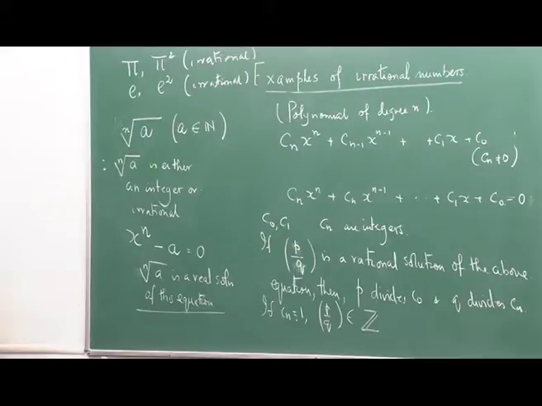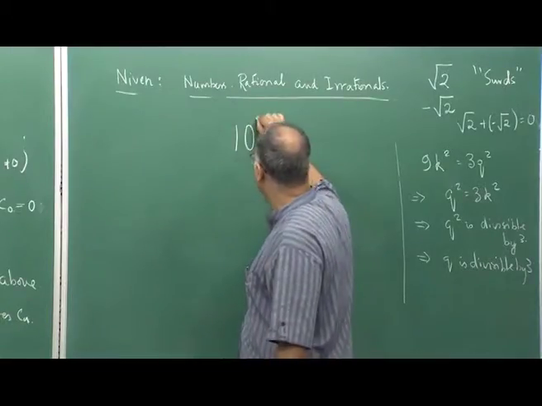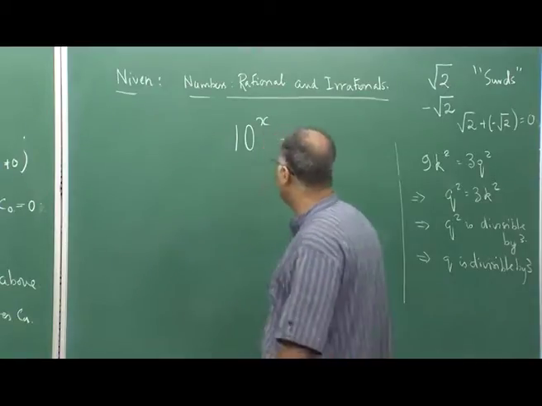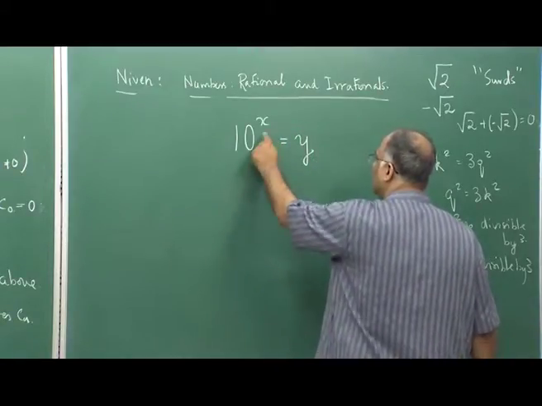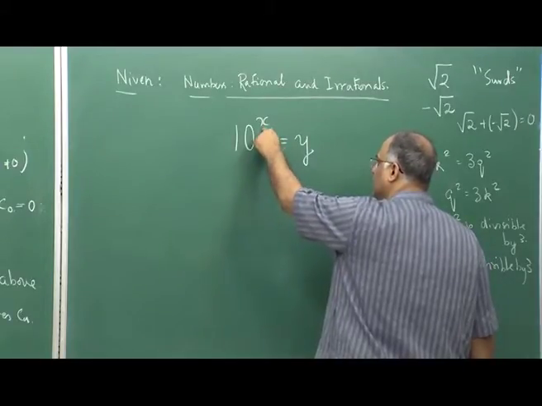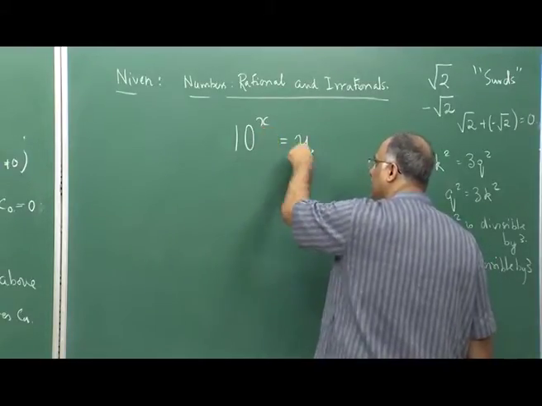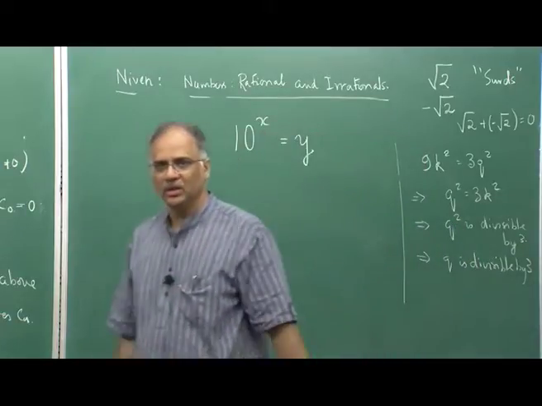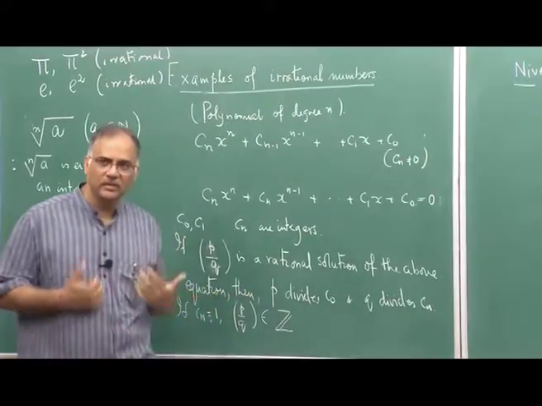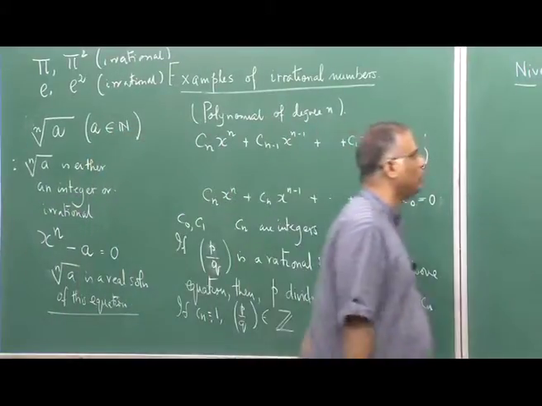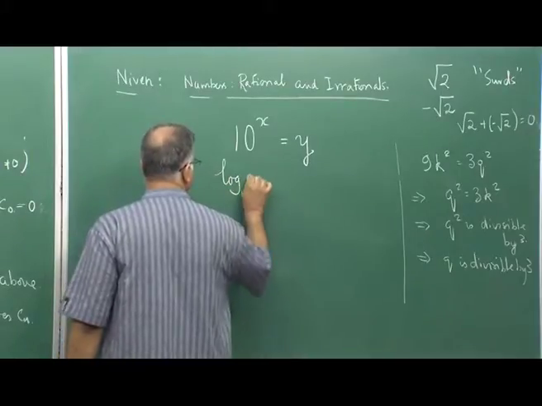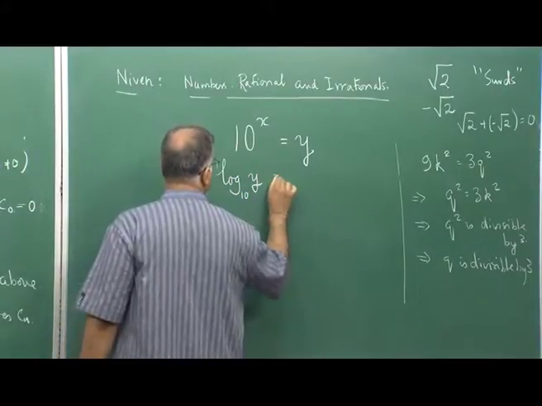If 10 to the power x is equal to y, and I ask to which power 10 must be raised to give me the number y, then log is just the inverse of exponentiation. So you say log to base 10 of y is your x.